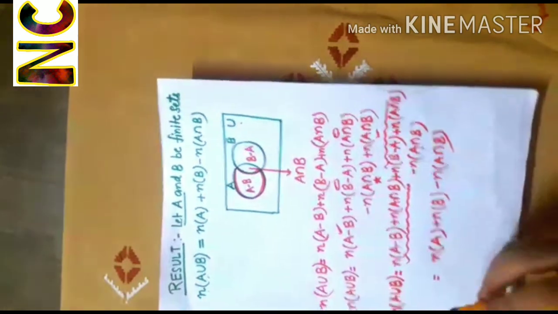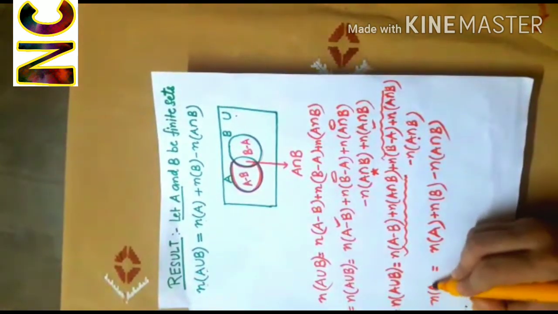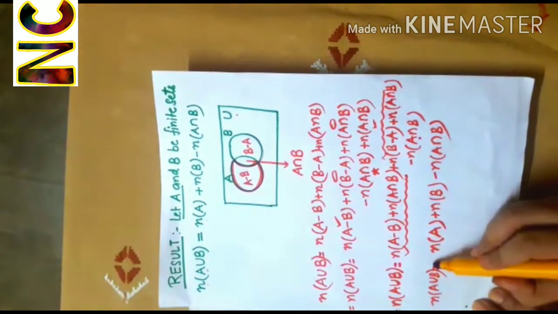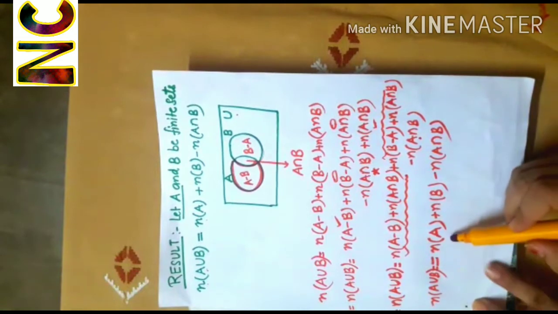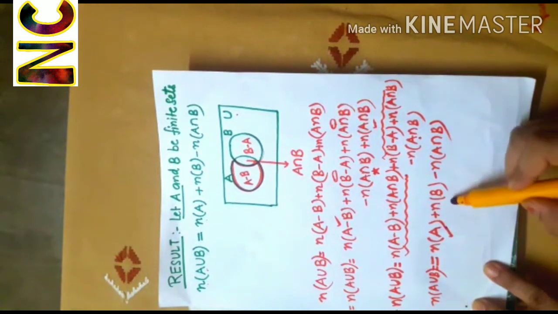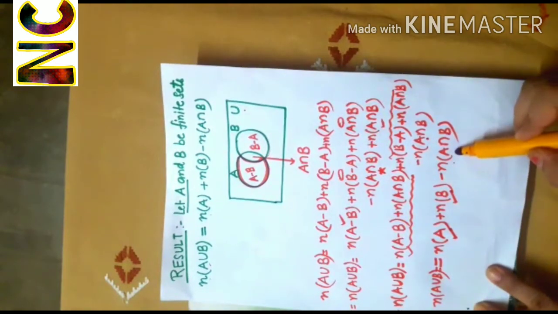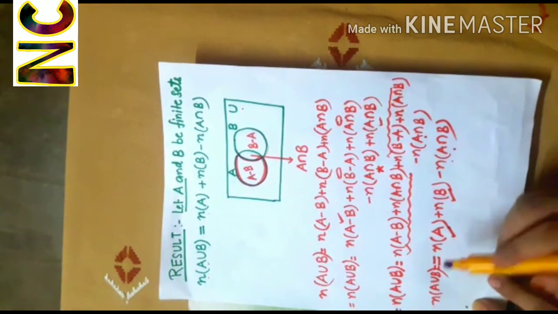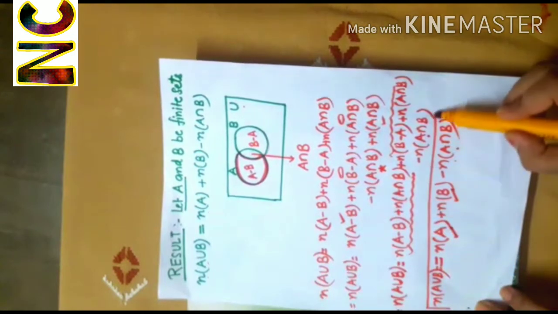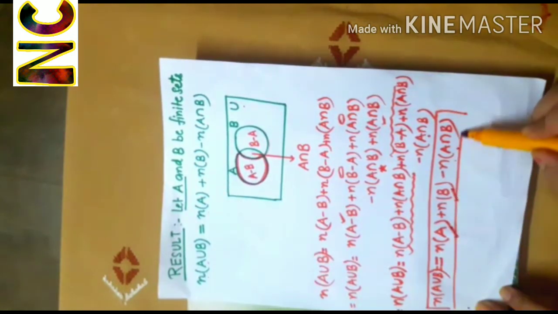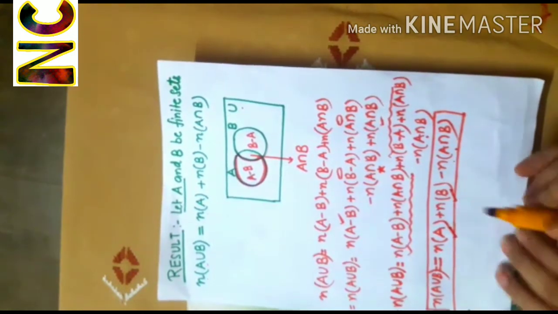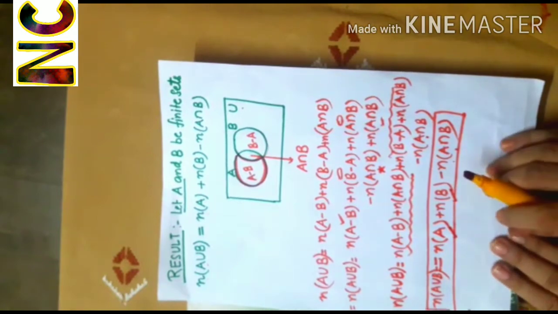So we have the result. Number of elements in A union B is equal to number of elements in A plus number of elements in B minus number of elements in A intersection B. Very important result. So you have to memorize this result.